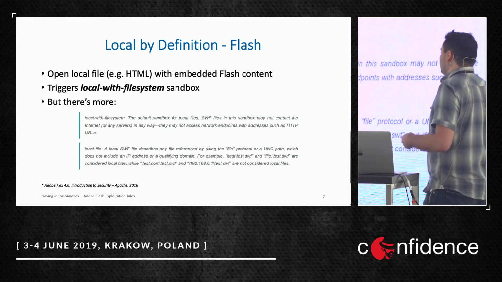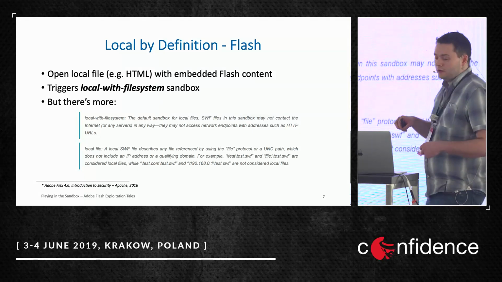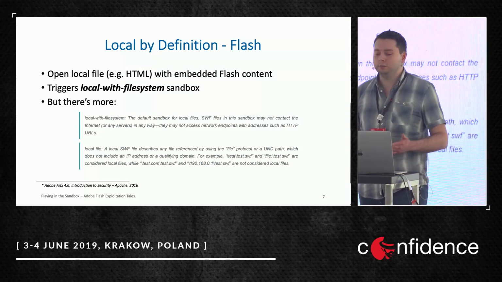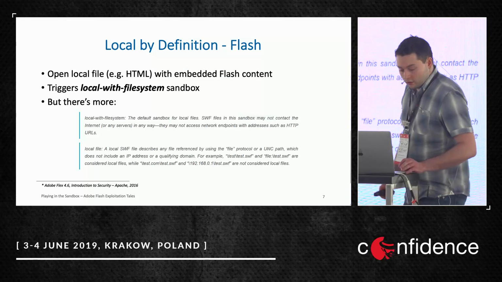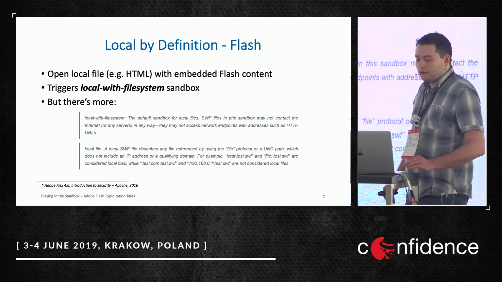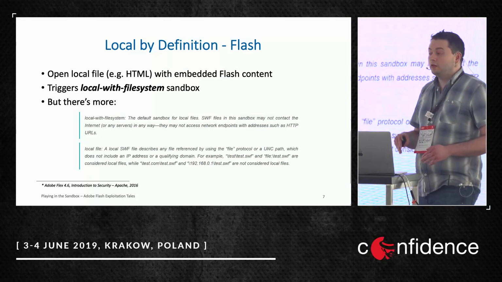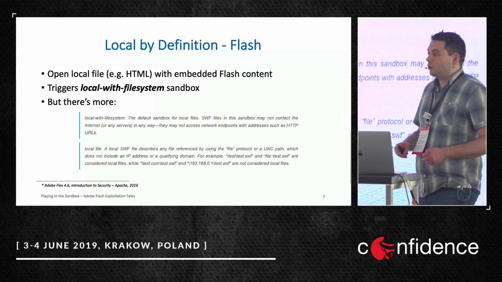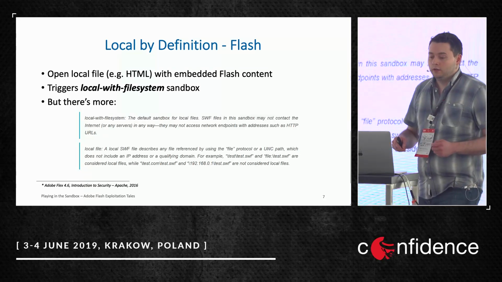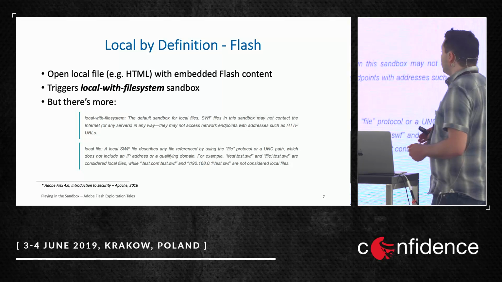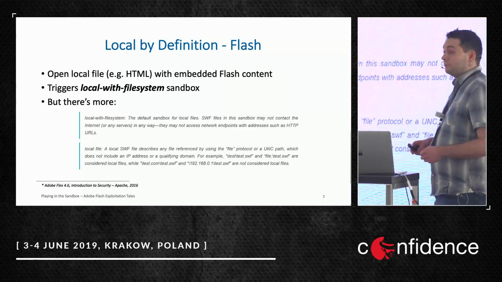In this definition, Adobe defines what constitutes a local Flash application. So a local SWF file describes any file referenced by using the file protocol or a UNC path, which does not include an IP address or a qualifying domain.